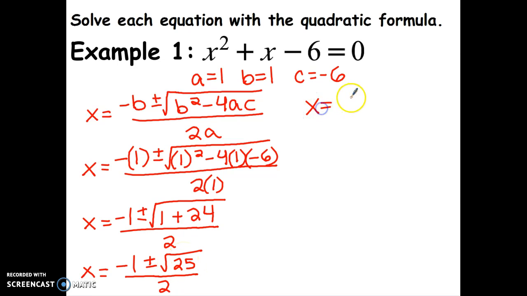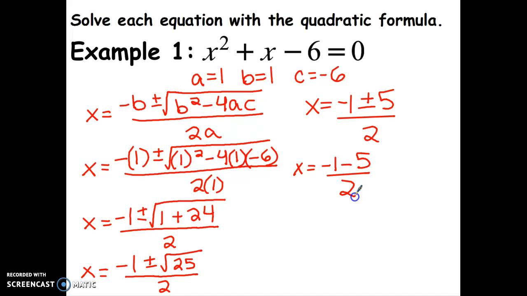So that's going to be x equals -1 plus or minus 5, all over 2. Now, do we see we have this plus or minus going on right here? Well, this means that we actually have 2 different values. So I'm going to split that up. We have x equals -1 minus 5 over 2, and we also have x equals -1 plus 5 over 2.